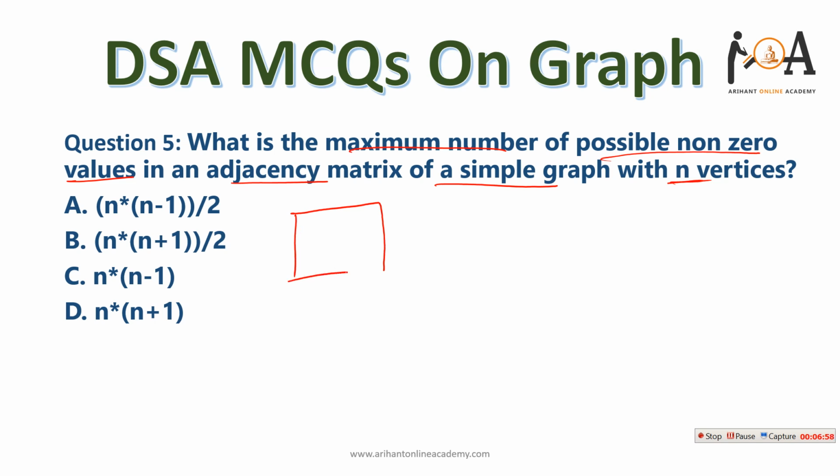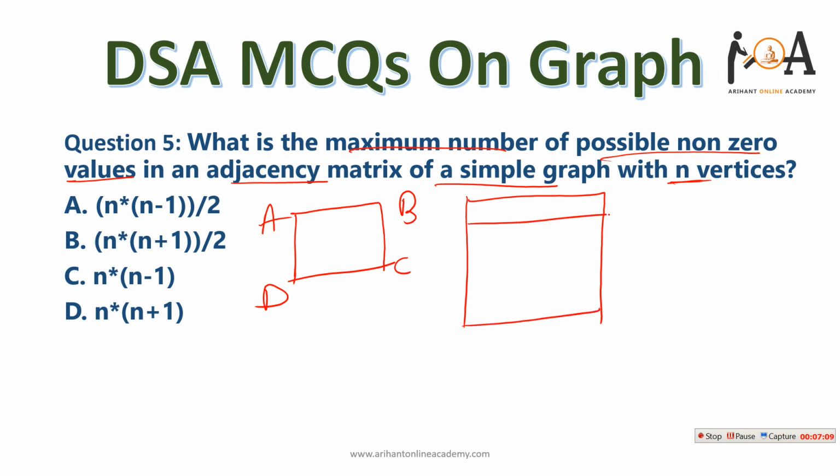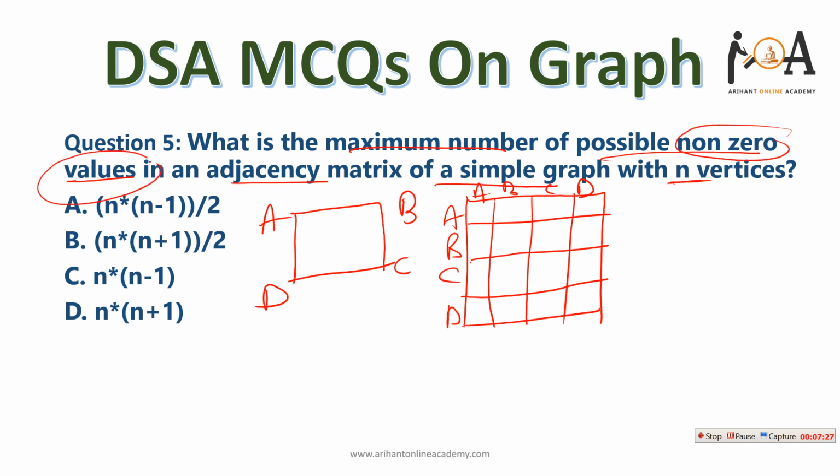Suppose it is my graph again, A, B, C and D. Now this is my adjacency matrix, with A, B, C, D, and here again A, B, C and D. So the question is the maximum possible number of non-zero values. If we can calculate how many minimum zeros there should be, then we can answer how many non-zero values there should be.